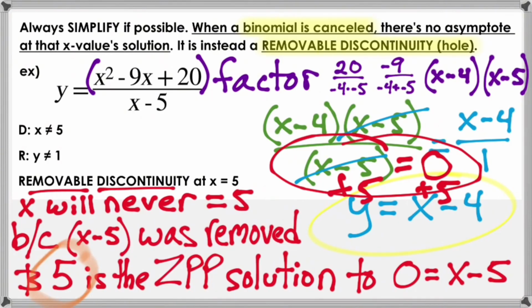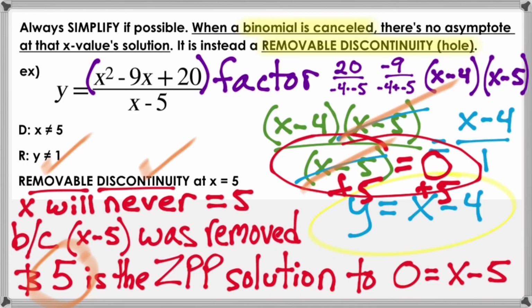But because you simplified this expression and canceled out those x minus 5s, you have removed, and that's where the word removable comes from, the asymptote or discontinuity that would have been there. So positive 5 can never be plugged in in this problem.